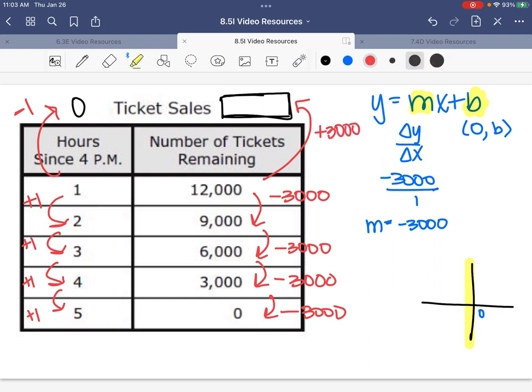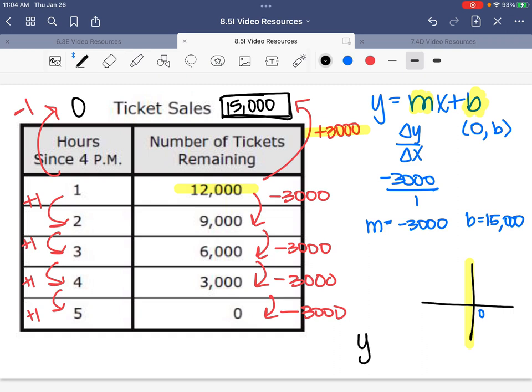So if I was at 12,000 tickets and then I increased by 3,000 tickets, that means that at 0 hours, there were 15,000 tickets, and that is how many we started with. So if our slope was negative 3,000 and our y-intercept was 15,000, that is now enough to write an equation in slope-intercept form.